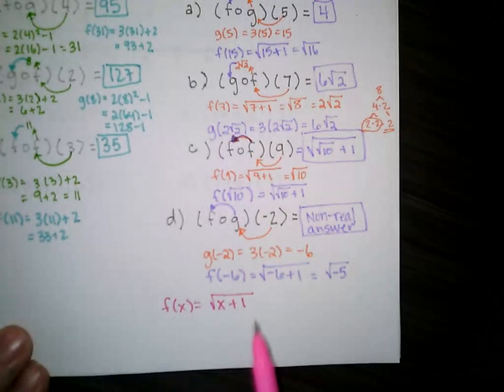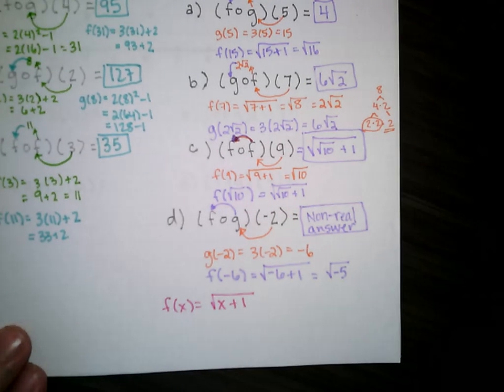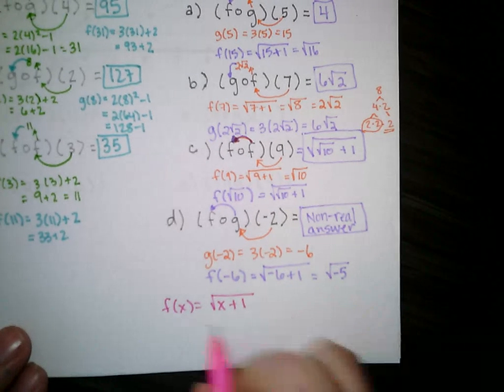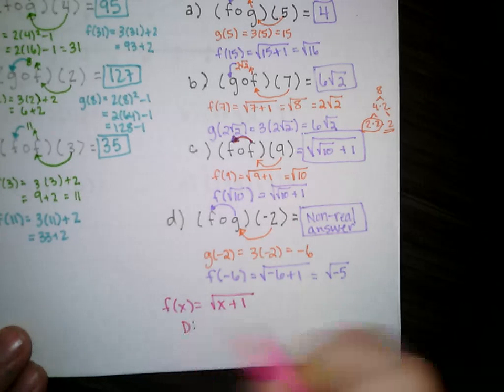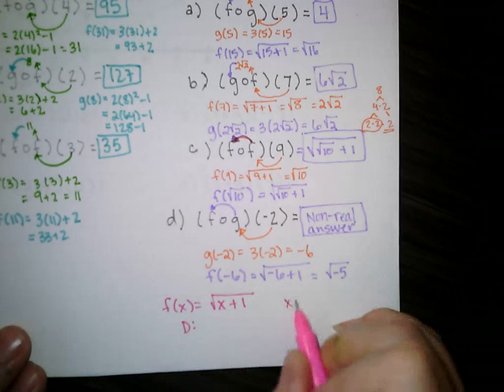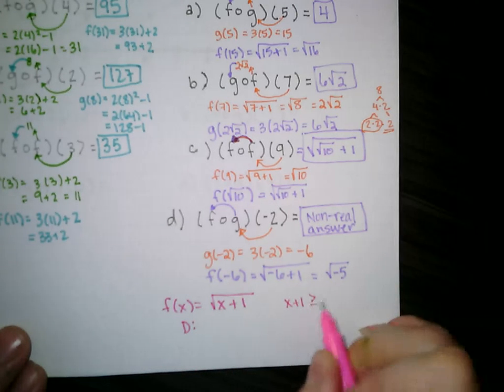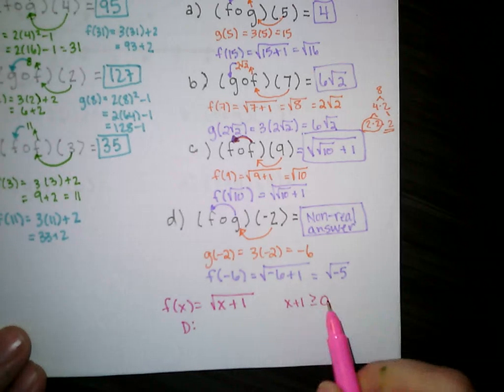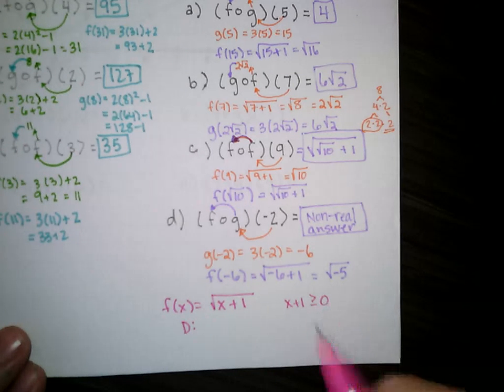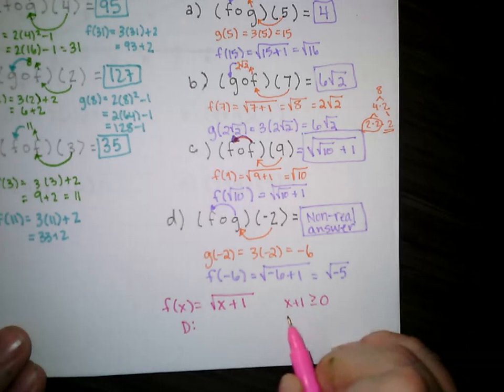And if you remember, when we have an even index radical, the way that we find domain is to set the radicand greater than or equal to 0. So we take what's inside the radical, set it greater than or equal to 0, because we can take the square root of 0, but we cannot take the square root of a negative number. So that's how we figure those out.